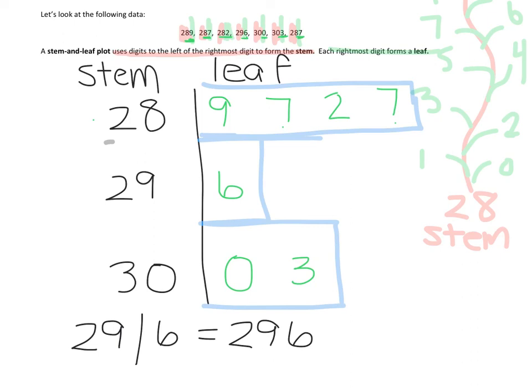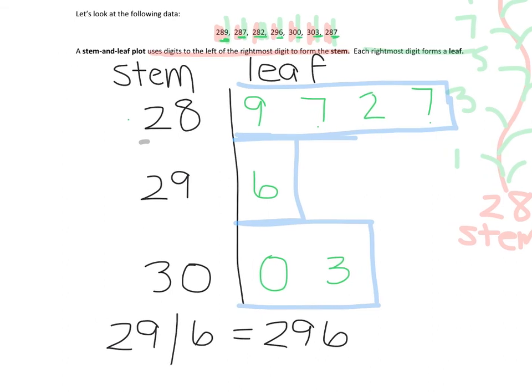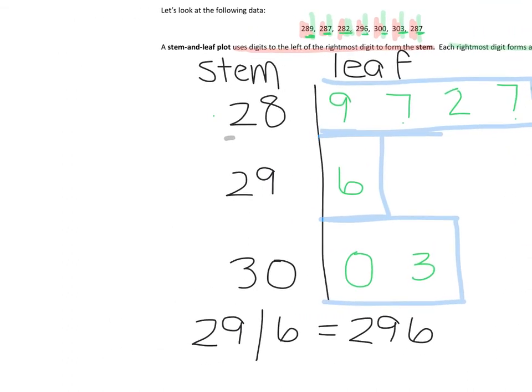And it's also, again, really similar to our other histograms. For instance, let's look at this first stem. This stem actually represents a class. The smallest leaf value would be 0, and the biggest leaf value would be 9.